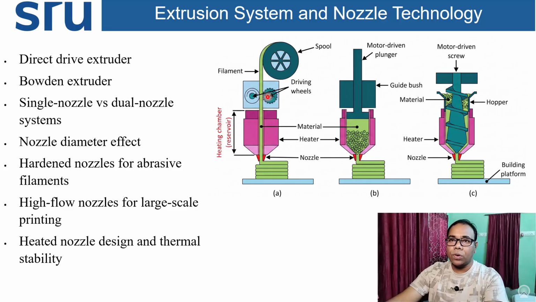Driving wheels will be on both sides, so that they drive the wire filament in the downward direction. The entire heating chamber will be there, and that heating chamber will melt the filament material, and the semi-liquid material will come out and be deposited on the build platform, for each of these images A, B, C.